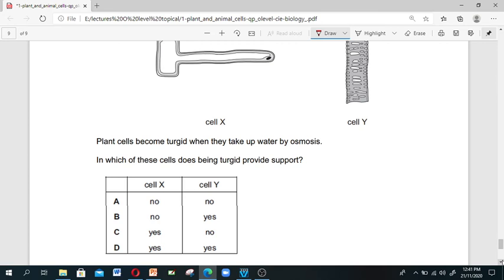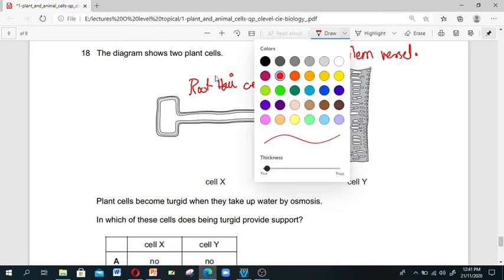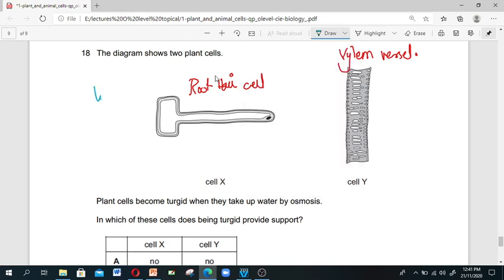Just recall my lecture in my previous video. I told you that root hair cells are living cells, while xylem vessels are not living cells, they are dead in structure. So there will be no turgidity, no osmosis.